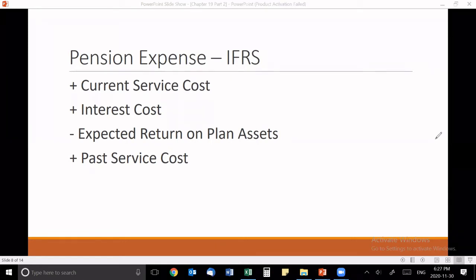So pension expense for IFRS, you're going to start off with your current service cost. That's the same as ASPE, right? ASPE has this too. Then we're going to add our interest cost, which ASPE has as well. Again, interest cost is your opening DBO times your interest rate or discount rate.